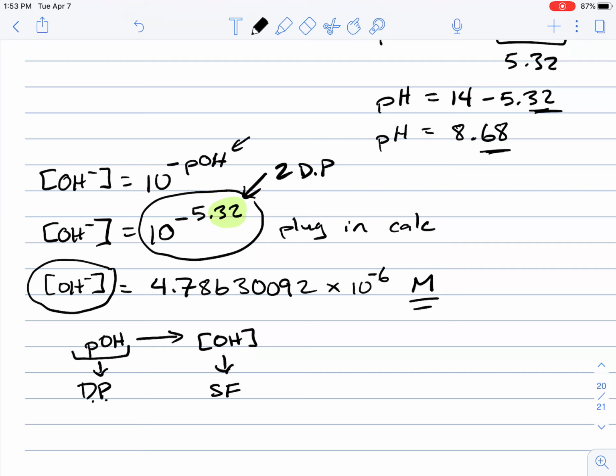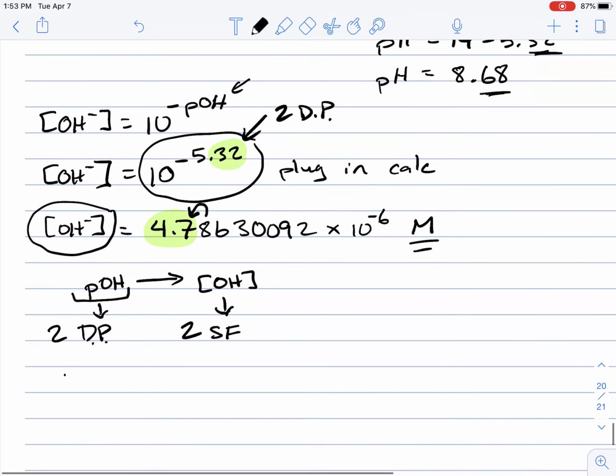And so since I have two decimal places, that translates into two significant figures. The first two sig figs that I'm going to look at are 4 and 7. That tells me that the next digit to the right of 7 will round that value up.